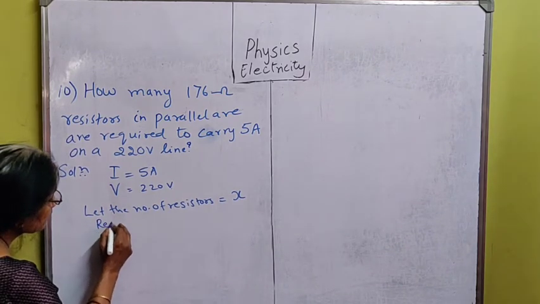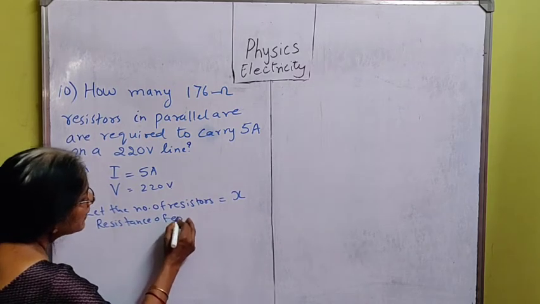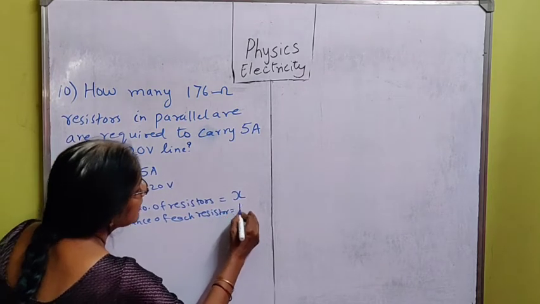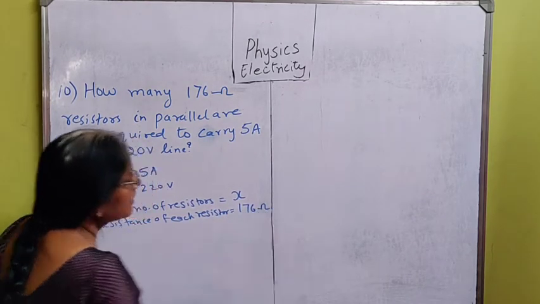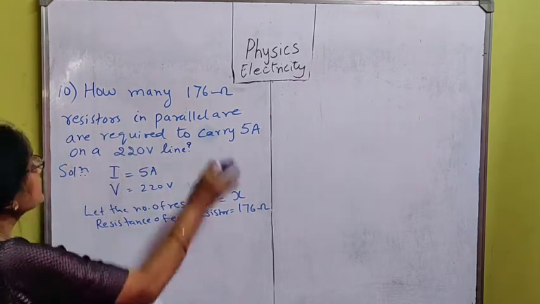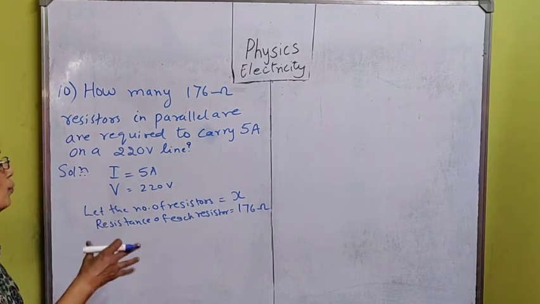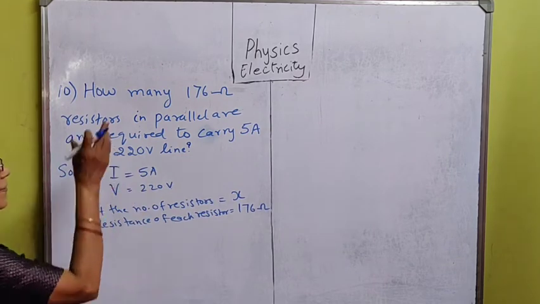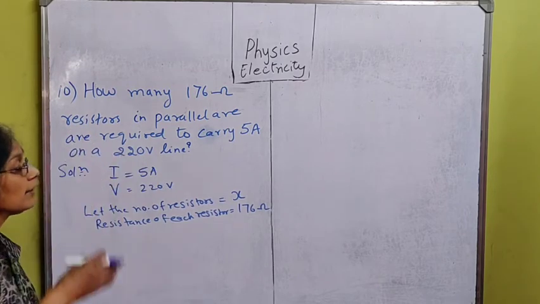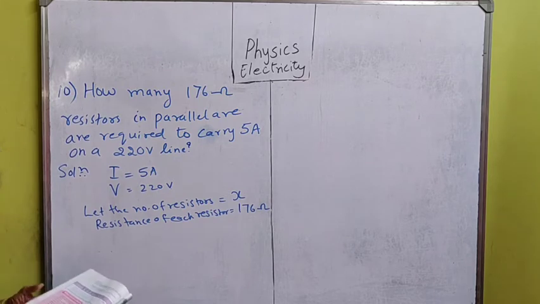Then the resistance of each resistor is given. All the resistances are the same, 176 ohm. And it is asked how many resistors you have to join so that the potential difference is 220 volts, the current is 5 ampere and each resistance is 176 ohms.